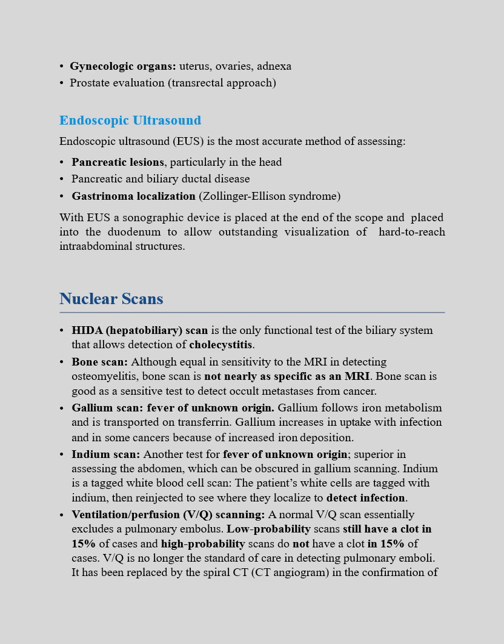Then we have the gallium scan, which is used for fever of unknown origin. Gallium follows iron metabolism and is transported on transferrin. Gallium uptake increases with infection, and in some cancers because of increased iron deposition.